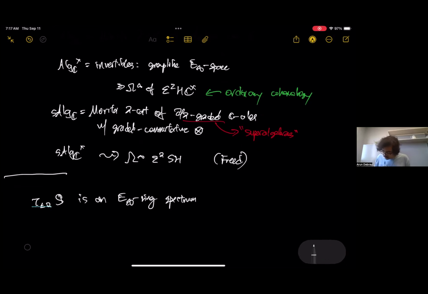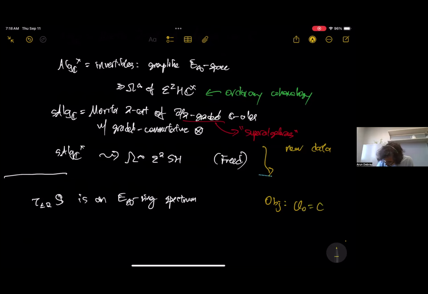So the reason is, what is our new data? At the zero category, the object level, what are the Z2 graded C star algebras that are invertible?